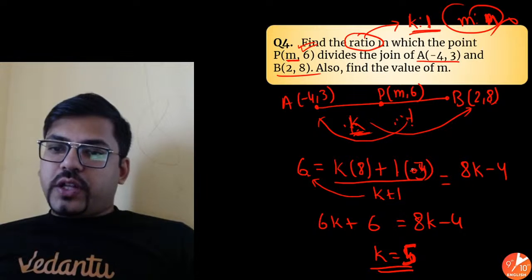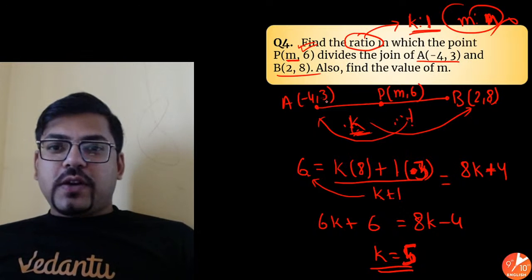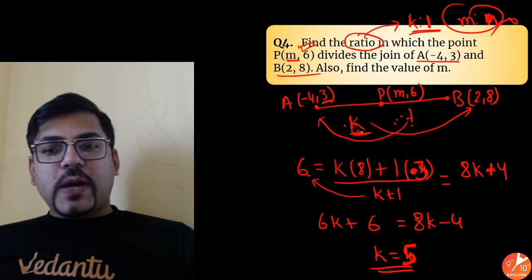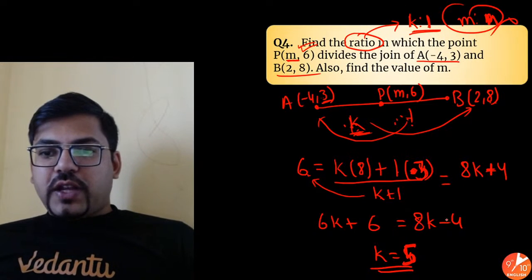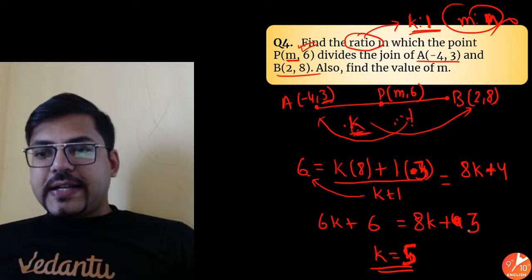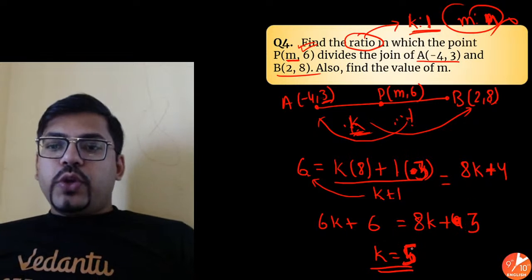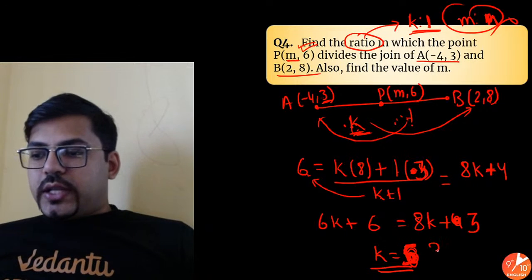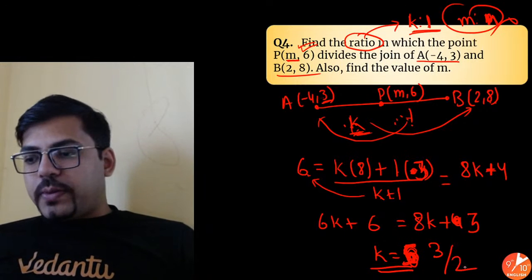Very sorry, this is 3. I took the y1 wrongly, so you have to take y1. So 8k plus 3. It is not 8k minus 4, it is 8k plus 3. You send this to this side. So finally what you get? You get 3:2. So the ratio k is, if I'm not wrong, 3:2 people. 2:3.